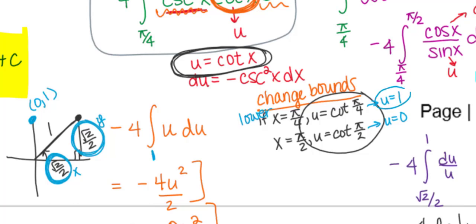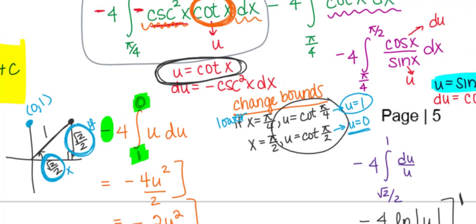So we did our lower bound first. So I put my 1 in the lower bound. And then when I plugged in x equals pi over 2 into my u equals cotangent of x, I got u equals 0. That's my upper bound. This will happen sometimes when you had to manipulate in a negative. Maybe your bounds will change, because I'm not sure if you remember. I'll write this on the side.